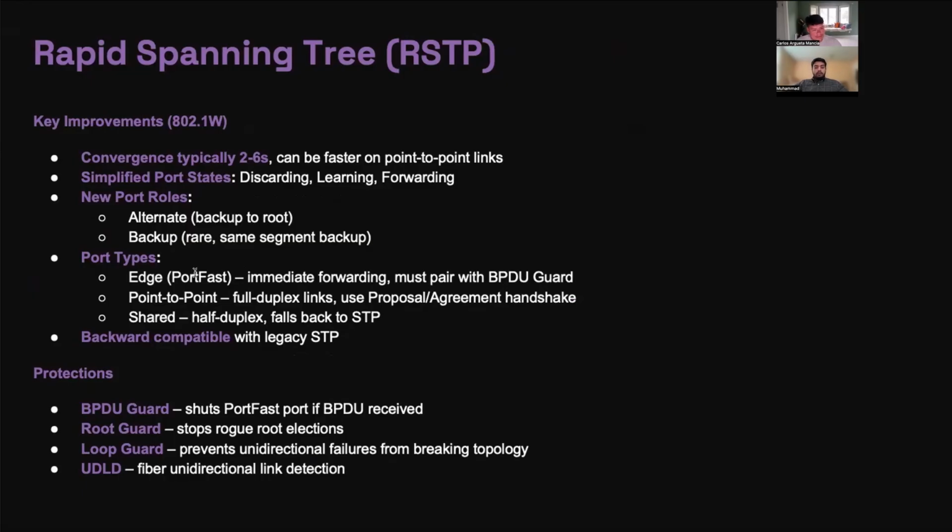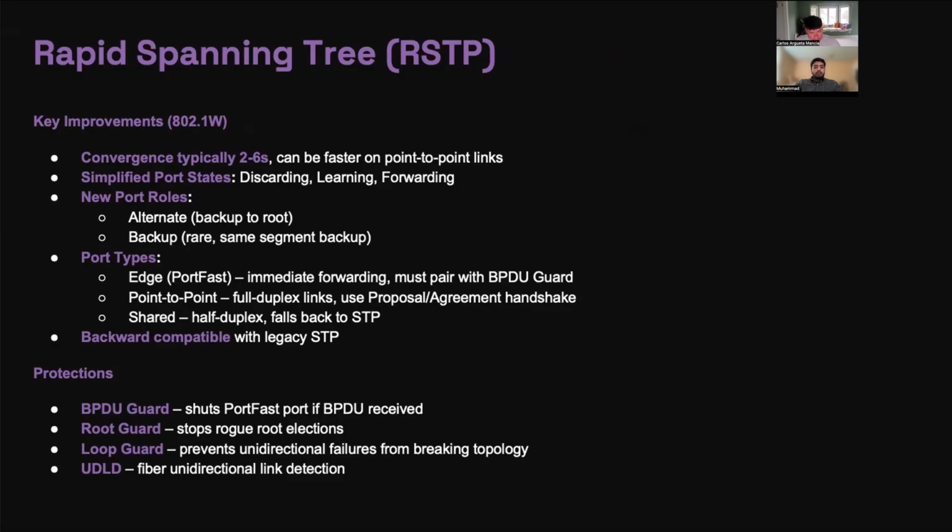Yep. So Rapid Spanning Tree Protocol, or RSTP, is a much improved version of STP. Its main purpose is to be faster. And here in the key improvements, first of all, the standard for RSTP is 802.1w. The convergence process goes to about typically 2 to 6 seconds from 50 seconds, like we saw in traditional STP.